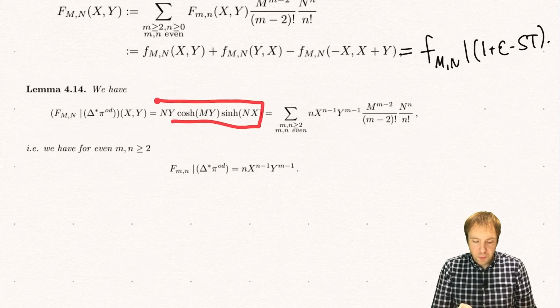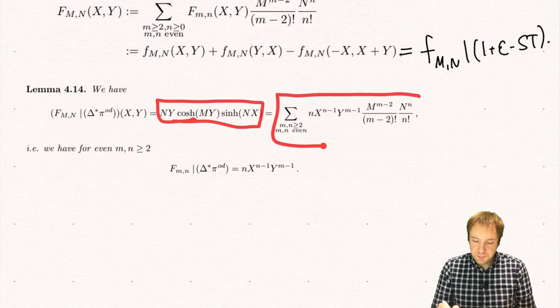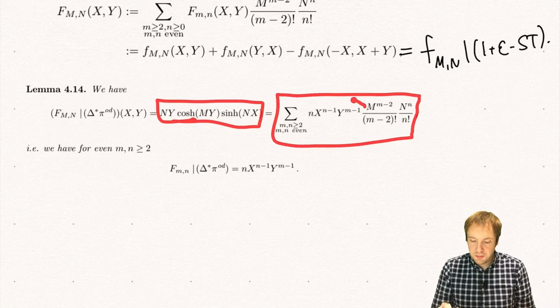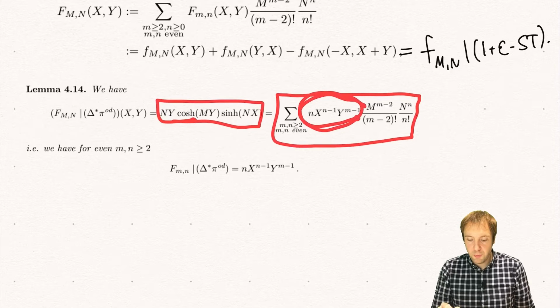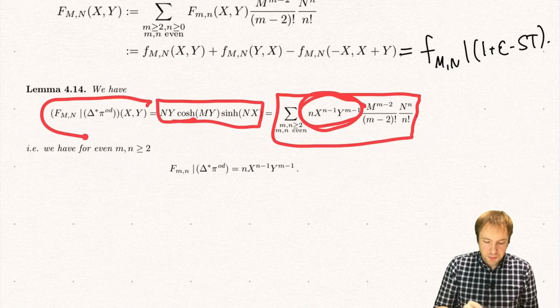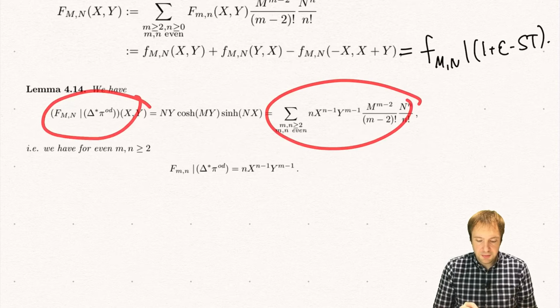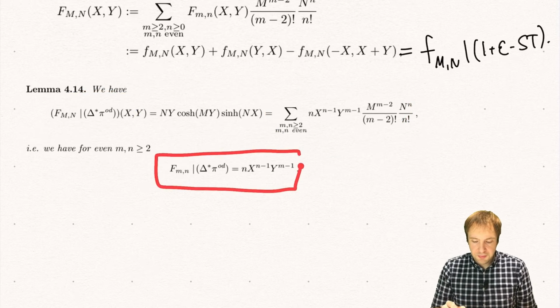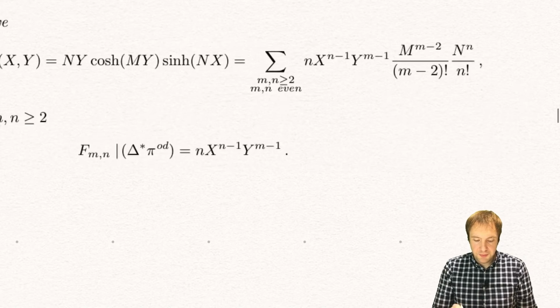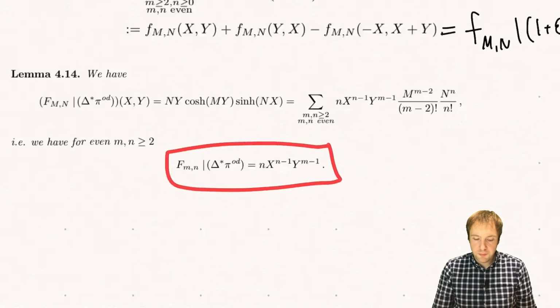And if you write down what this actually is, this is just the generating series of this one monomial which we want. So therefore, if we compare the coefficients of this side and this side, we get exactly that these Fmn satisfy this property we want.